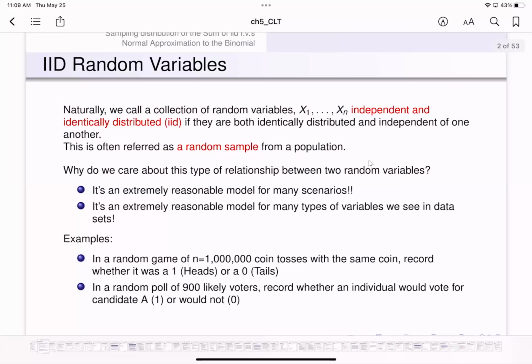If the person votes for A, we can use an X variable equal to 1 to record that. With 900 voters, you have X1, X2 up to X900. Each one of them is either 1 or 0, but whether one particular person takes 1 or 0 is not something that we know. It's a random number that might change from person to person.